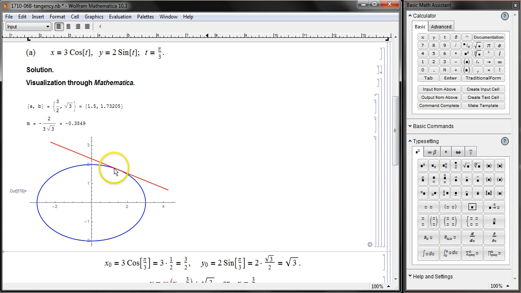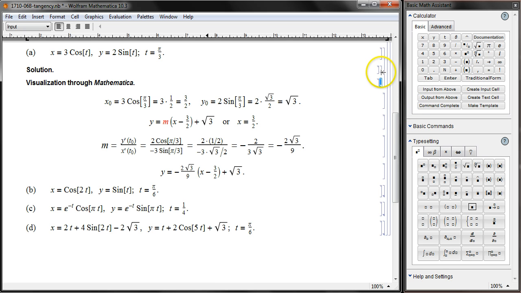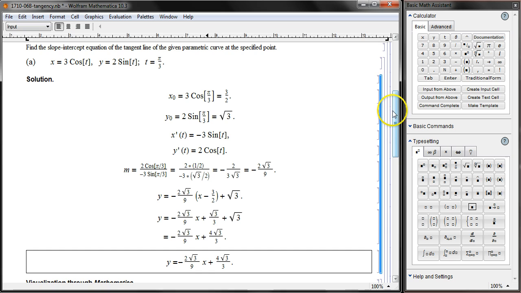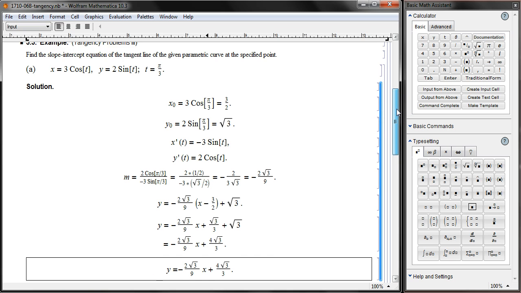And we have this kind of curve and this kind of tangent line. Opening up the solution, we have pretty much the same thing as I just did. Here I broke up this parenthesis and got the slope-intercept equation, but as a matter of fact, I don't like these. I would much rather stop here at the point-slope equation.